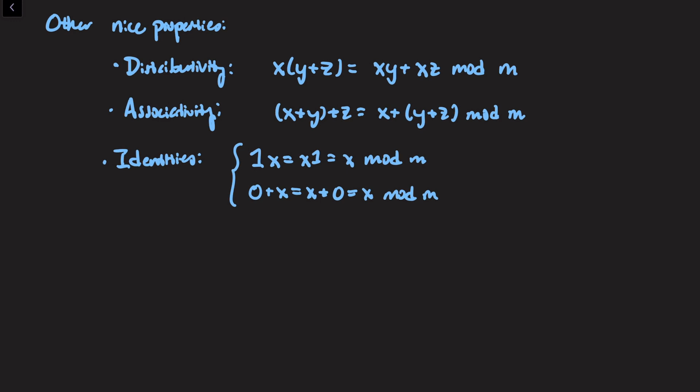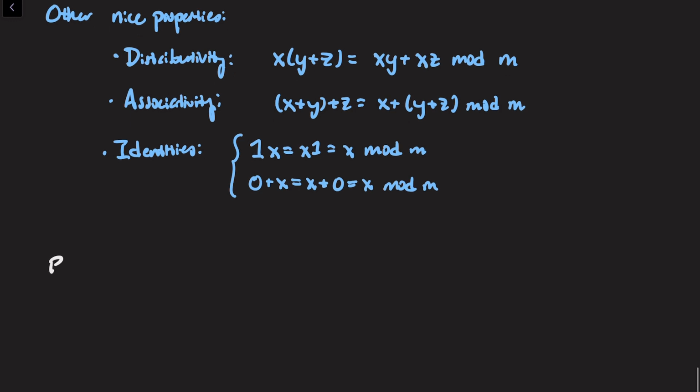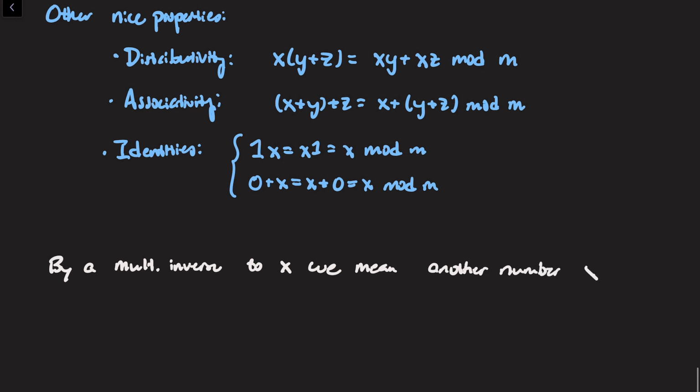So by a multiplicative inverse to a number, we just mean another number, x to the minus 1 is how we denote it, with x times x to the minus 1 equals 1.